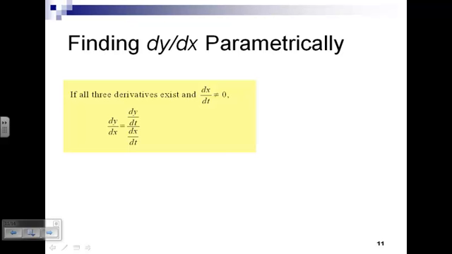Well, we're going to take dy/dt, because that's easy to find since y is a function of t, and we're going to find dx/dt, which is easy to find because x is a function of t. When I divide dy/dt by dx/dt, you know what I get? dy/dx.